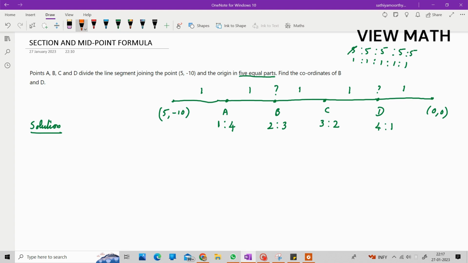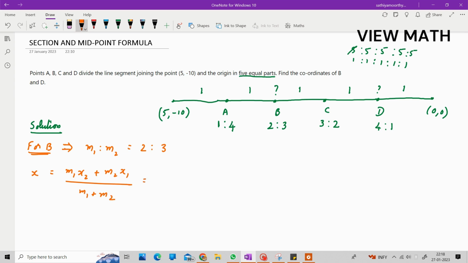Now, first let me find the coordinate of B. For B, the ratio M1 is to M2 is 2:3. Now, using the section formula, X is equal to (M1 X2 plus M2 X1) by (M1 plus M2).